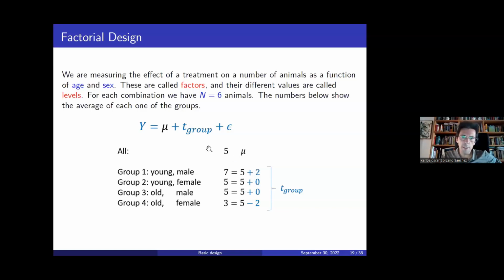Let's say that the overall mean is 5, and the mean of the first group is 7. In the second group, the mean is 5, then 5, and 3. So what are the effects of each one of the groups? The overall mean is 5, but in this group you observe 7, so the difference is 2.